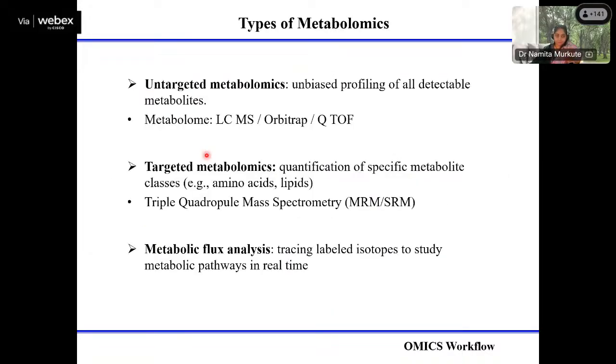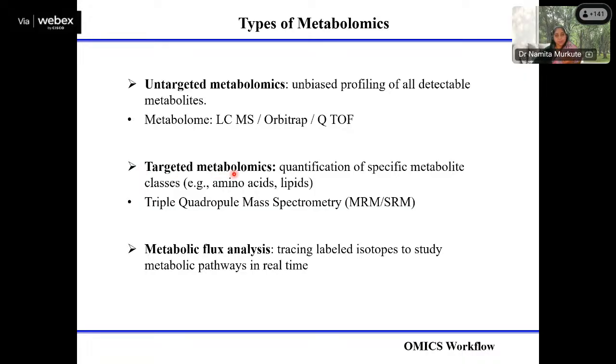Now, untargeted metabolomics is the profiling of all detectable metabolites present in a sample. Mostly it is done through Orbitrap, LCMS and QTOF.